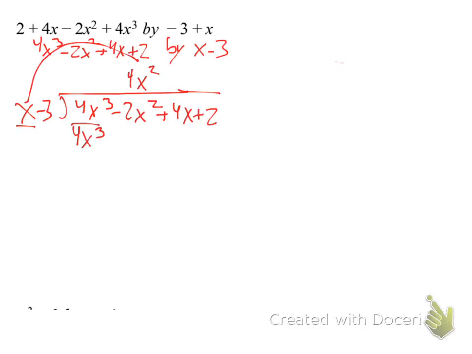And you also need to multiply the 4x squared to the negative 3 to get a negative 12x squared. Is everyone okay with that? Yes. I distributed the 4x squared to the divisor, sorry, the thing on the outside.